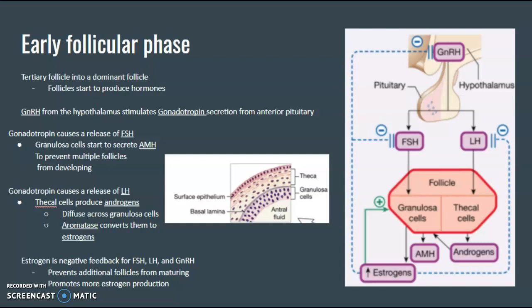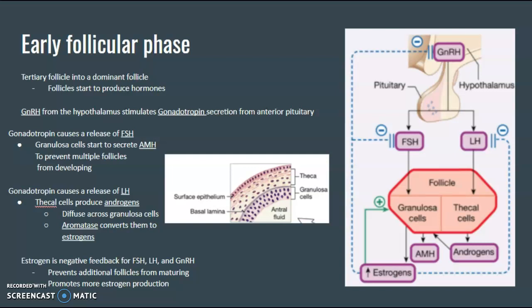FSH works on the granulosa cells to secrete AMH, which is anti-Müllerian hormone, which will prevent multiple follicles from developing into dominant follicles. LH acts on the thecal cells to produce androgens, which will diffuse across the basal lamina and the granulosa cells into the antral space.